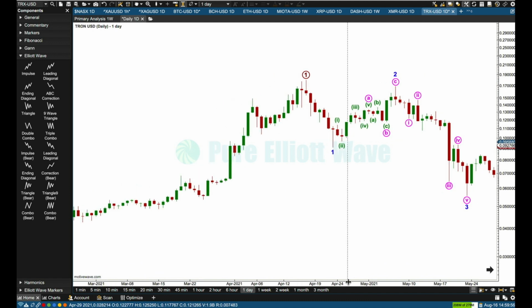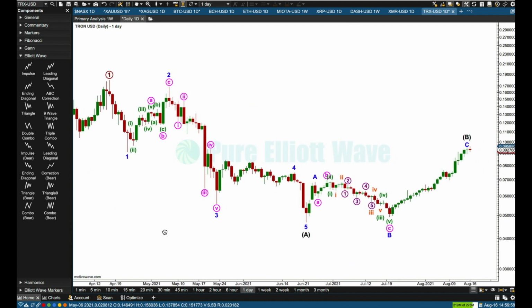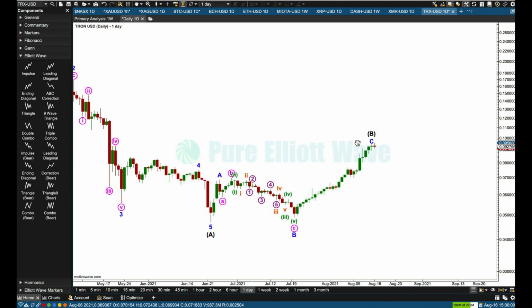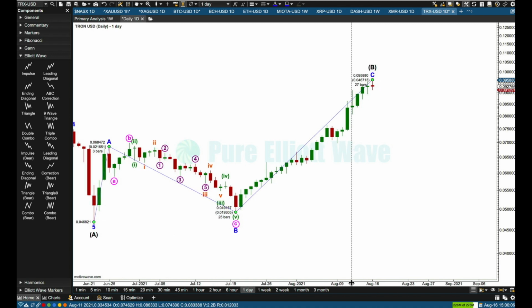Okay, let's have a look at, the question is, is it going to keep going up? And to answer that question, let's look at the length of A and C. Let's see if we can see a Fibonacci ratio. So A is longer than 1.618. It's just a bit under 2.618.